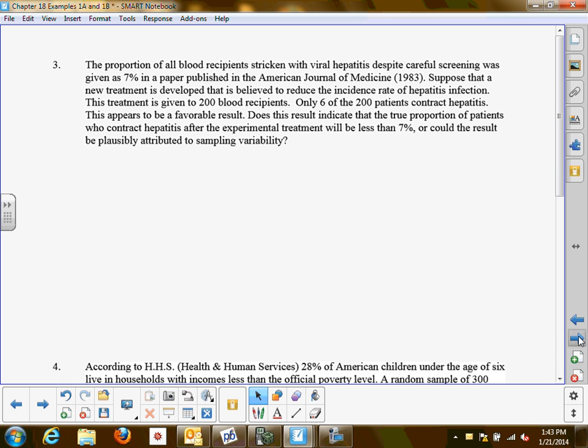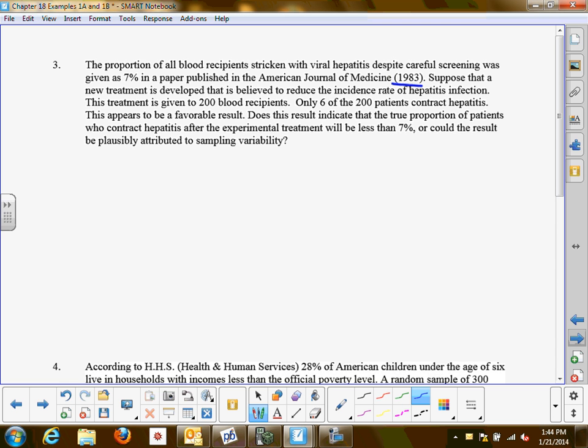So, here we go. In 1983, over 30 years ago, so this is old medical news, the proportion of blood recipients, so people that got a blood transfusion, had surgery, or were in a major accident, that got viral hepatitis, even though they were careful in screening, was 7%.